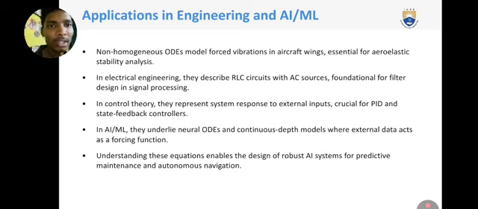In AIML, they underlie neural ODEs and continuous depth models where external data acts as a forcing function. Understanding these equations enables the design of robust AI systems for predictive maintenance and autonomous navigation.